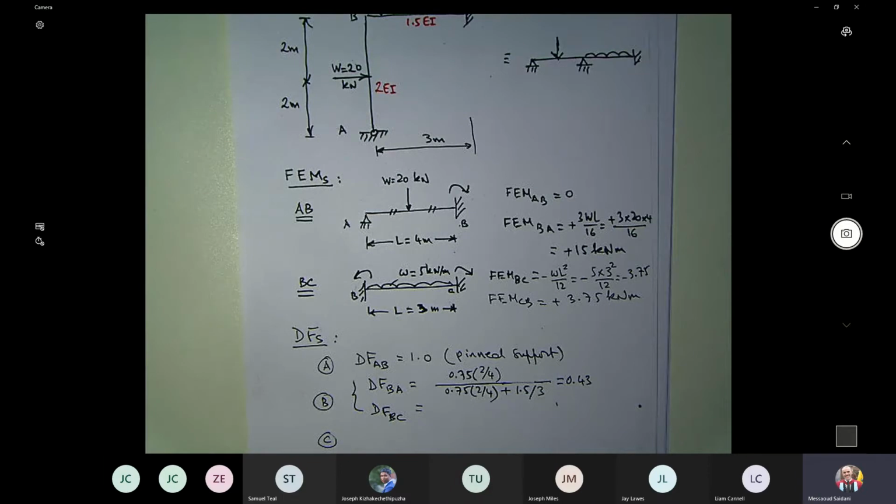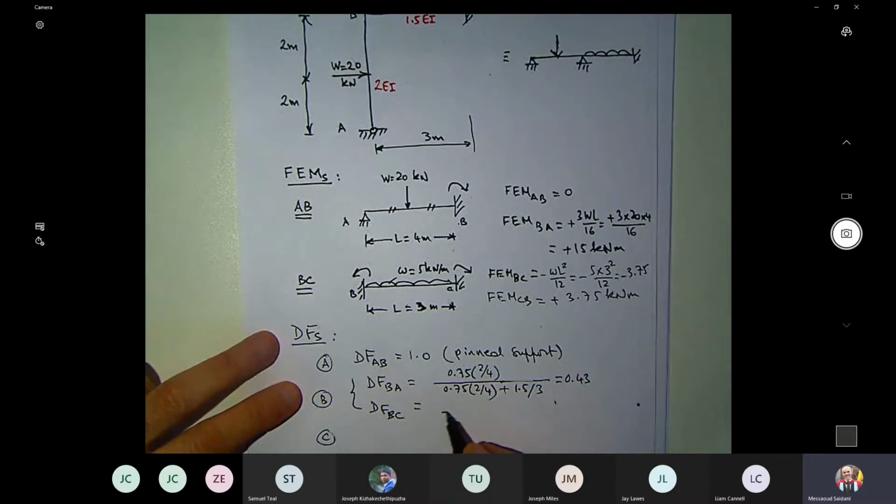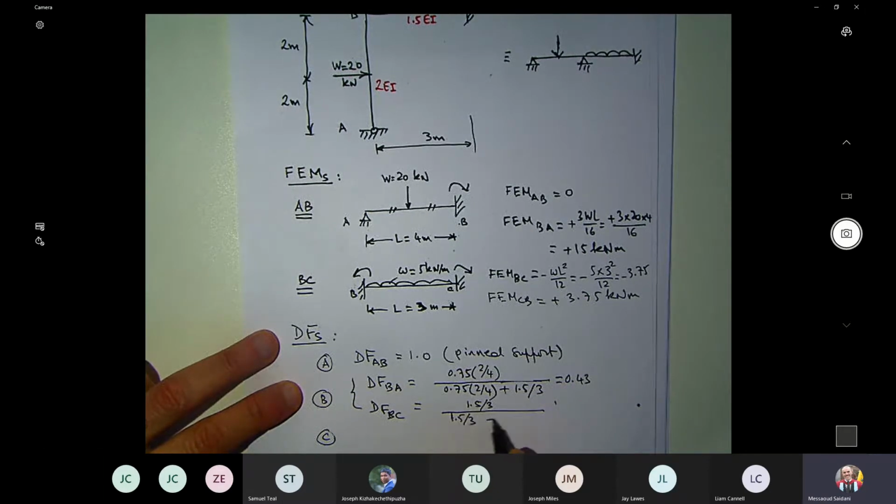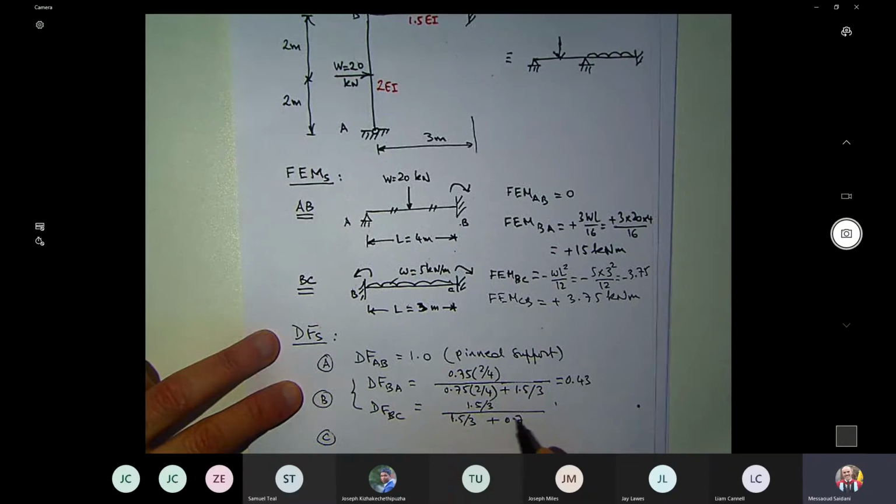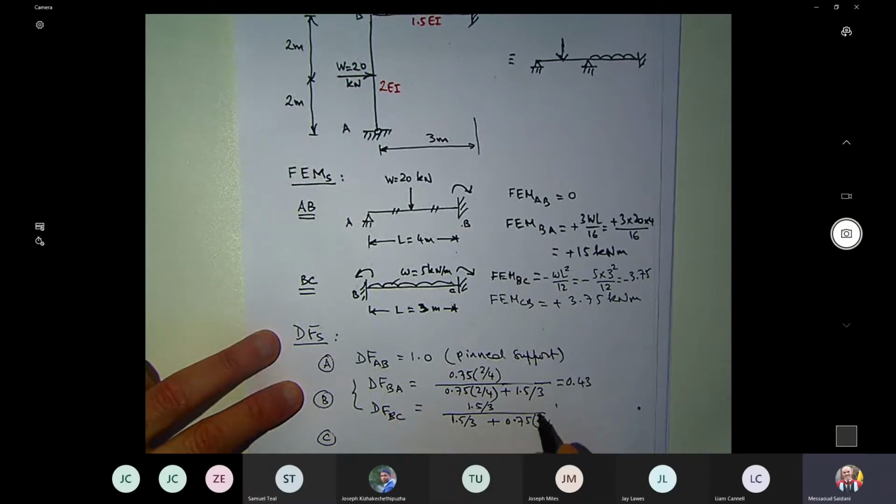Okay. So now we do the same for BC. So it will be stiffness of BC, which is 1.5 over 3, divided by 1.5 over 3 plus 0.75, 2 over 4.